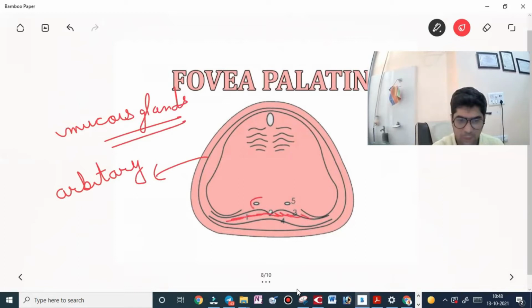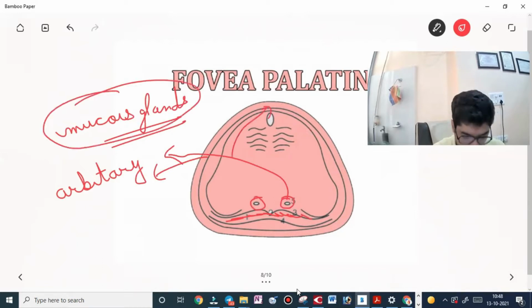So these two represent the fovea palatini, which are mucus glands. The denture should extend 1 to 2 mm beyond the fovea palatini.